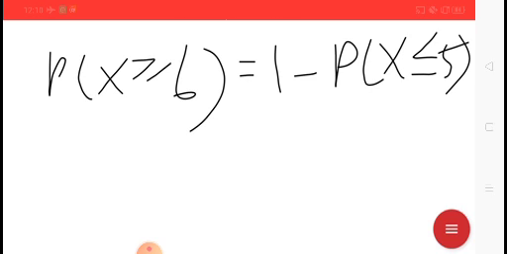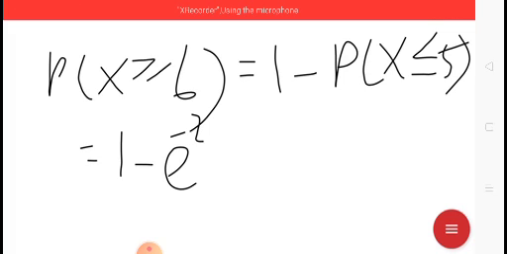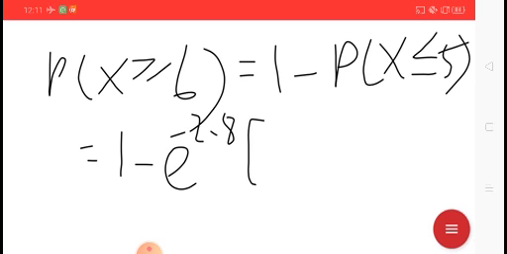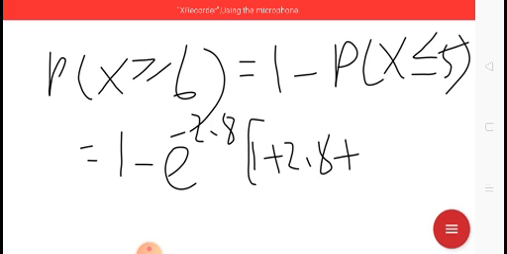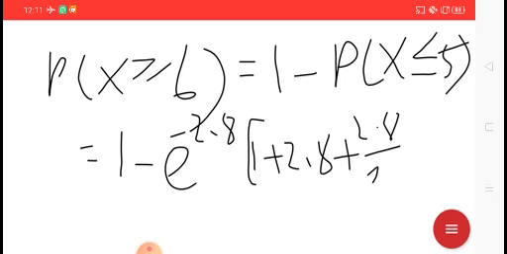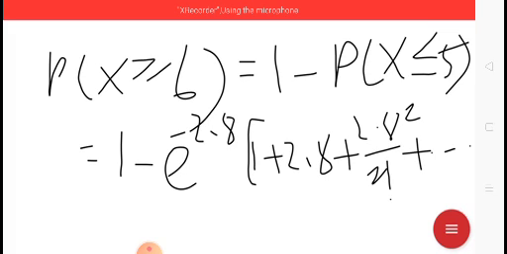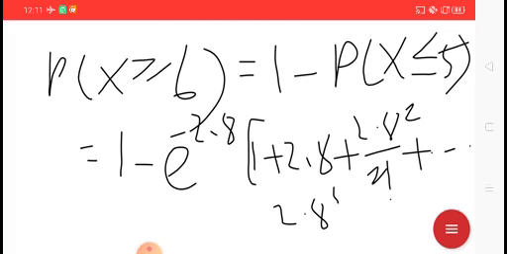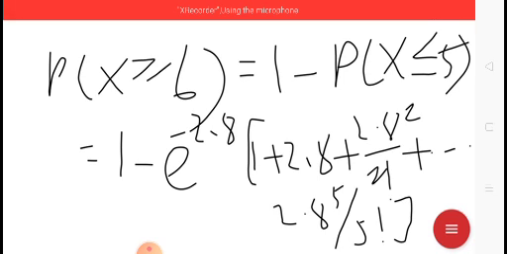Yeah, and so this is equal to 1 minus e to the negative 2.8 times (1 plus 2.8 plus 2.8 squared over 2 factorial, and plus until 2.8 to the power of 5 over 5 factorial). Okay, all this you need to write out. You cannot skip.